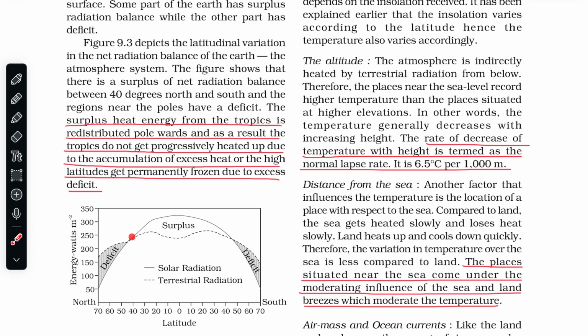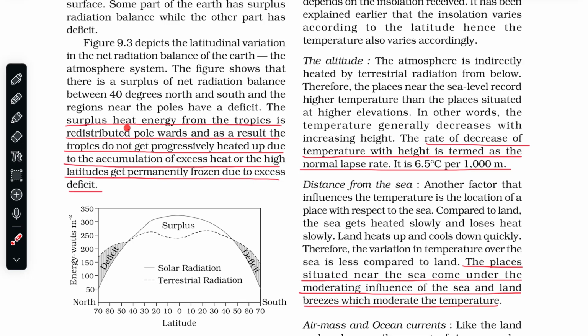Here they have more solar radiation, whereas in the regions near the poles there is a deficit because the solar radiation is less. As we also studied in terms of the variation due to latitudes, as you move up towards the higher latitudes, the amount of insolation decreases.